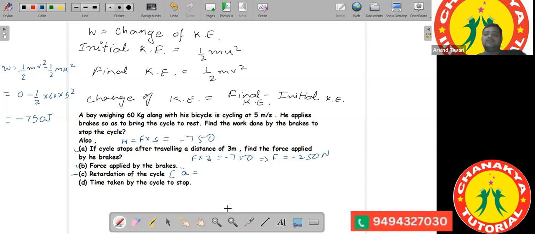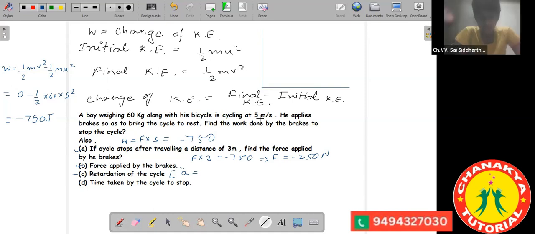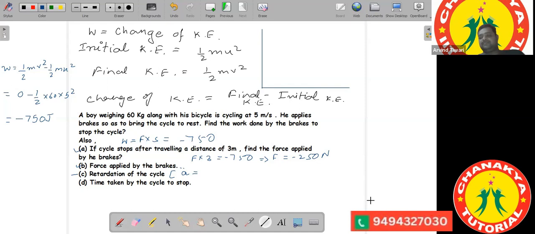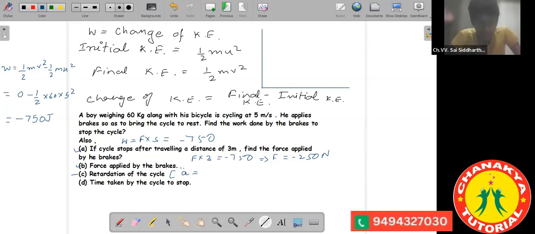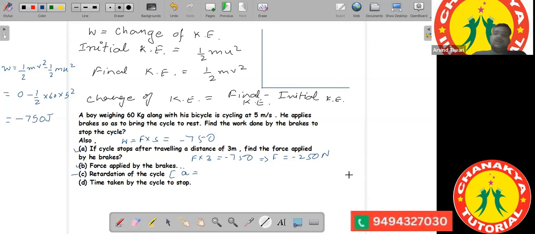Right? Siddharth, are you getting it? Yes, sir. Did you get the acceleration? No, sir. Compute the value of acceleration. Neil, did you get the acceleration?